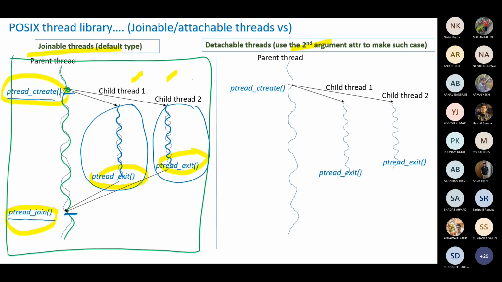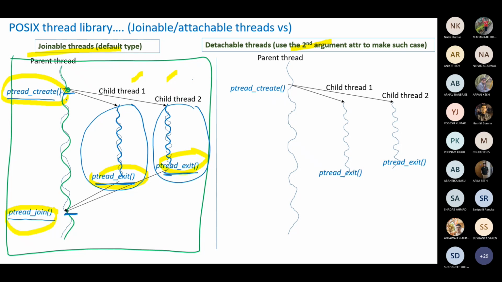So the entire logic of what the thread will actually execute will be placed in a certain function, and pthread_exit probably will be the last statement that the child thread will execute, if it wants to exit in a proper way. Is that fine? Yes, sir. I will see in detail, but let me give you the overview of it.